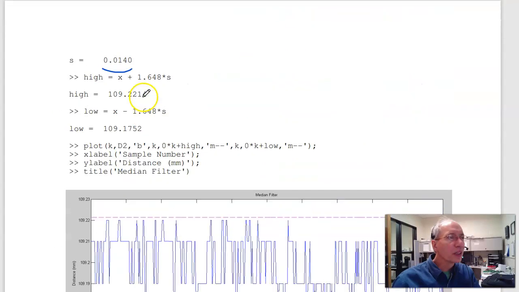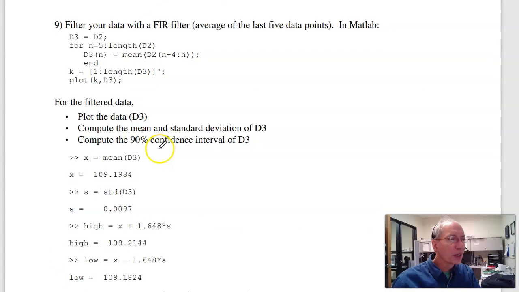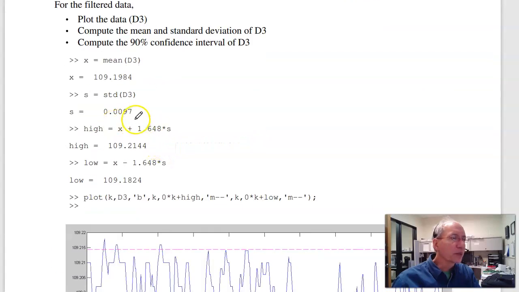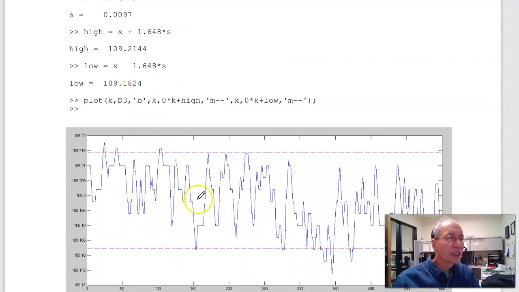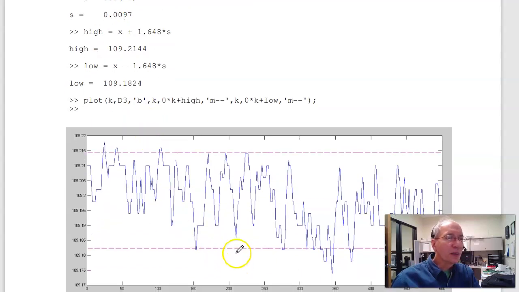Before, it was 0.014. Now it is 0.0097, a little bit smaller. My data looks like this. Again, not quite as noisy. That's what averaging does. Gets rid of the high frequency noise. Smaller standard deviation means a tighter confidence interval.